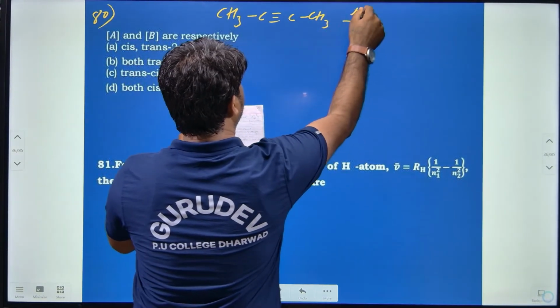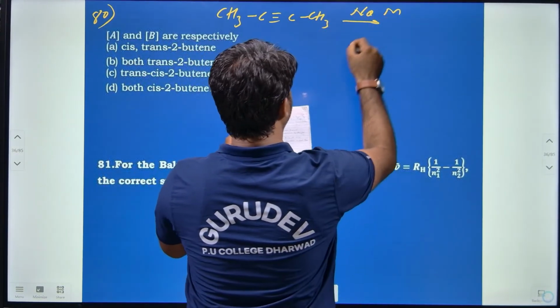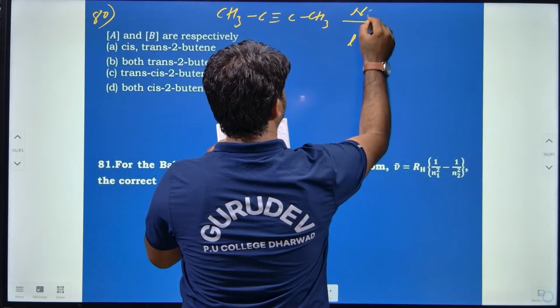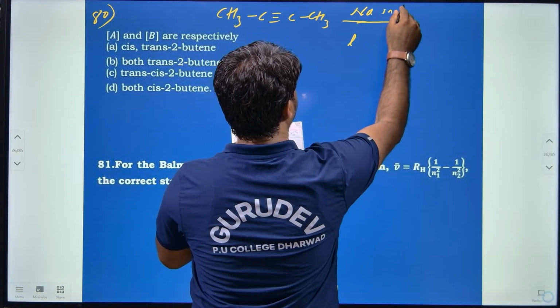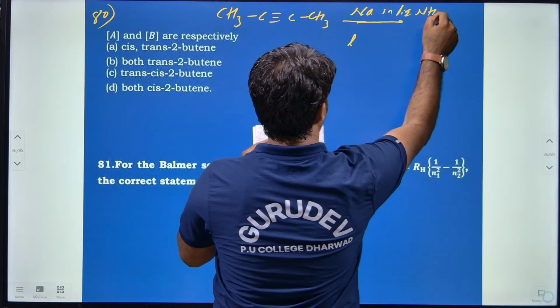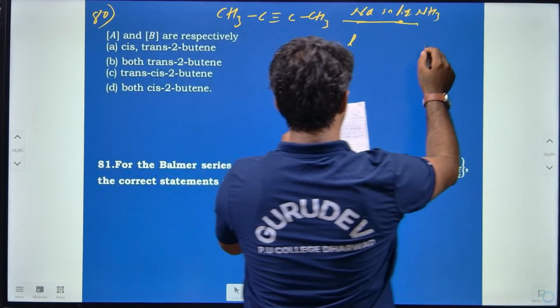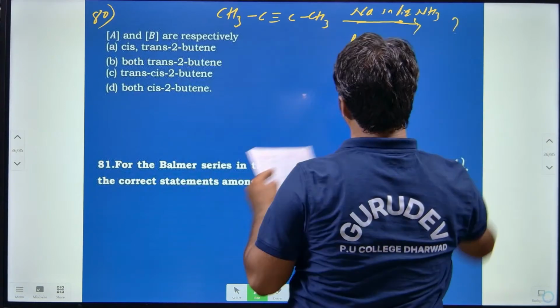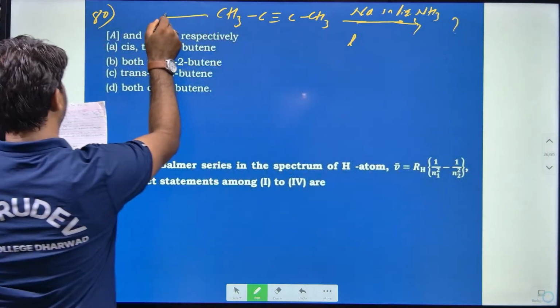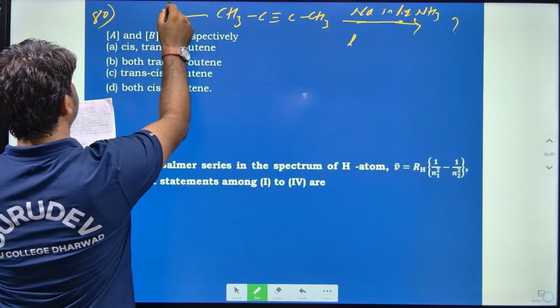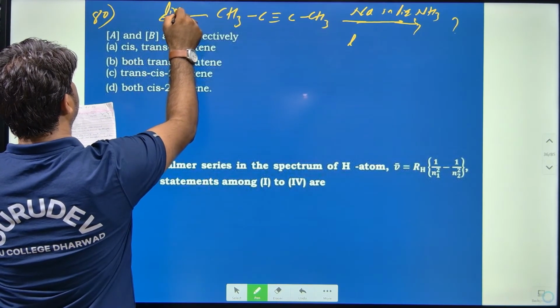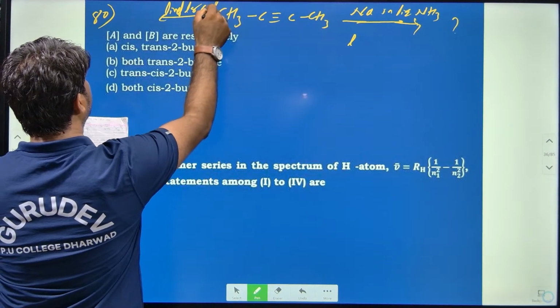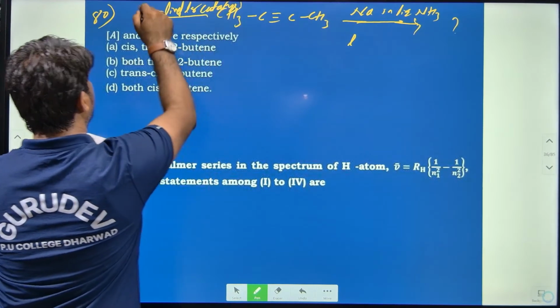When it is treated with sodium in liquid ammonia, what will it give? And when it is treated with Lindlar catalyst, what is the product here?